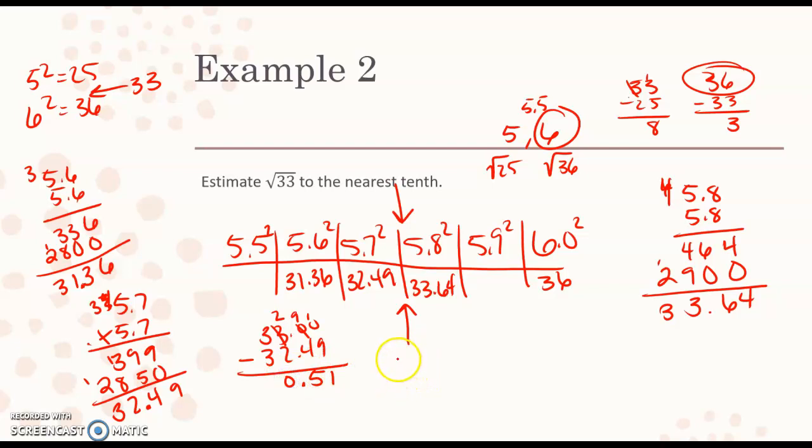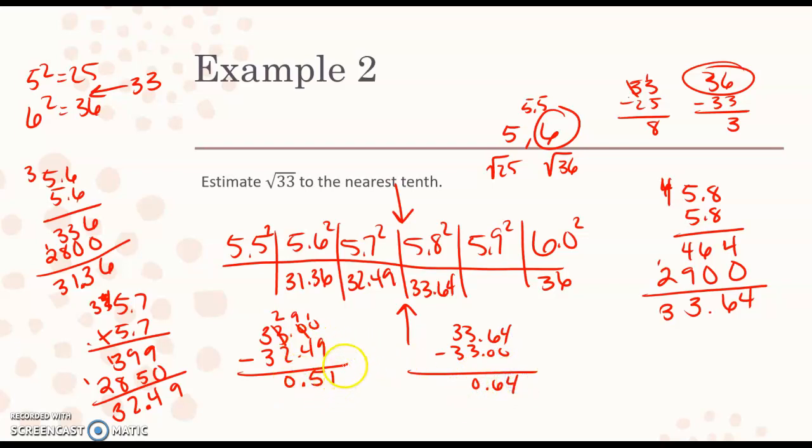So 32.49 is 0.51 away. Then we're going to do 33.64 minus 33.00. And we are left with 0.64.